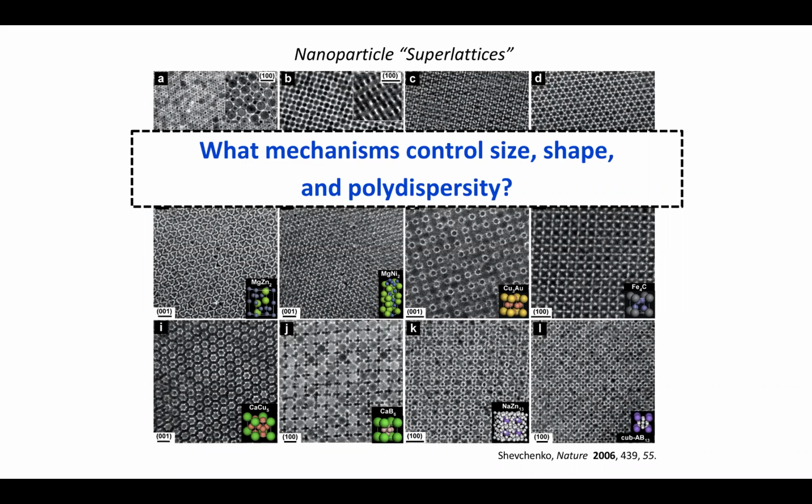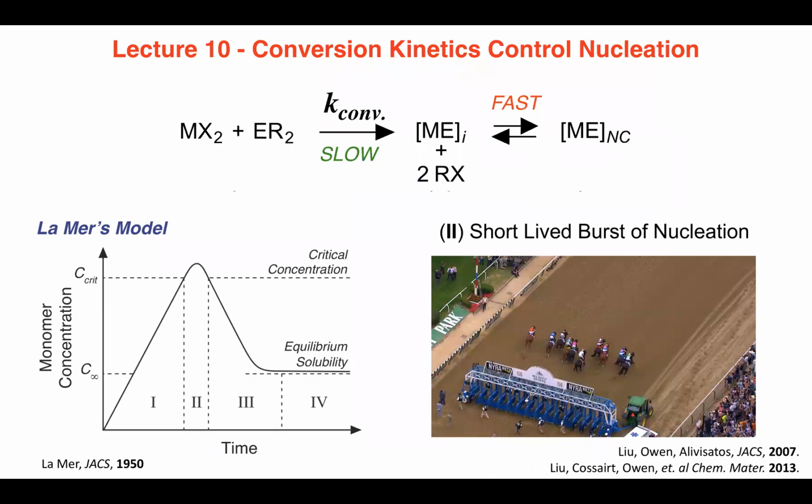So you've got oxides in here, there are halides, there are metals, there are metal chalcogenides of several different varieties. And they all make perfectly monodispersed samples. Bizarre. It's really unusual. Why would they do that? Okay, so we'll talk about the explanations today.